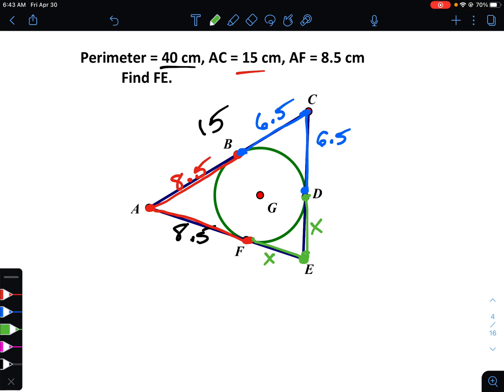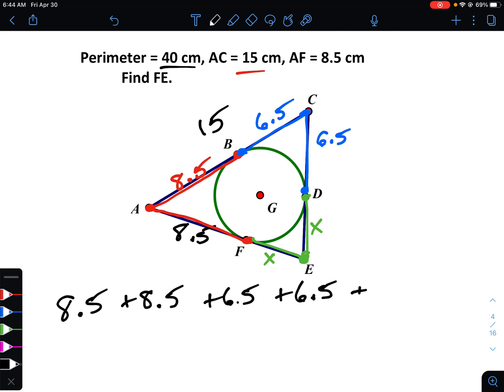So here's the part where we're going to use the perimeter. Remember, the perimeter is what all the sides would have to add up to be. And if we add up each of the different pieces individually, that would be 8.5 plus another 8.5 plus 6.5 plus another 6.5 plus our two x's, so plus x plus x, has to add up to be our perimeter, which is 40.